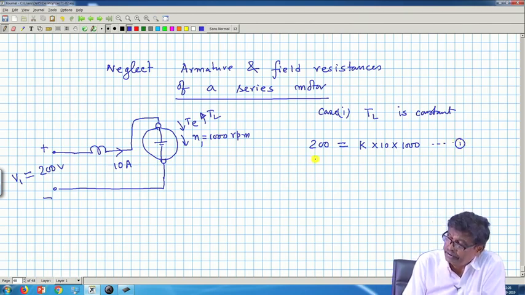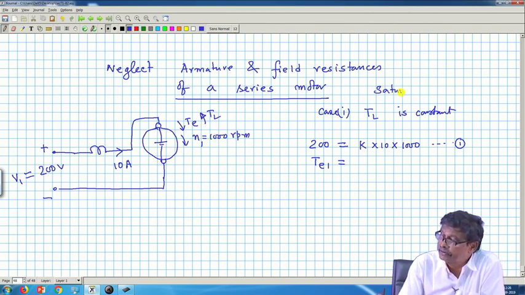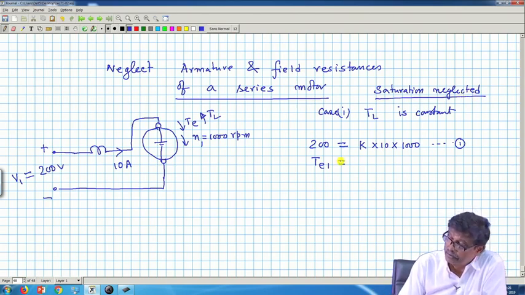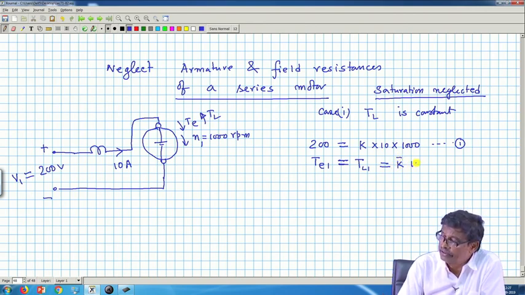And also I will write that electromagnetic torque produced, neglect saturation, suppose I say saturation neglected, is equal to the load torque TL1, and which must be equal to some other constant K bar into 10 square.